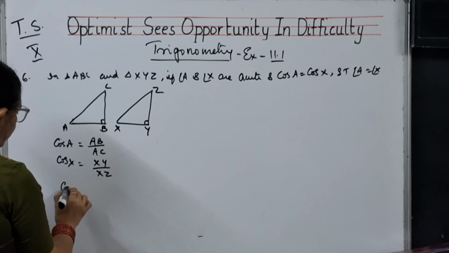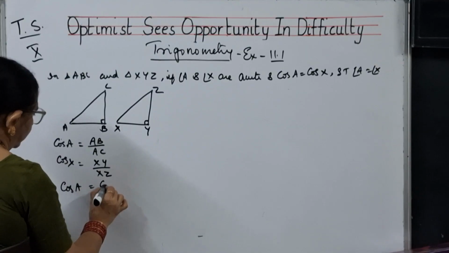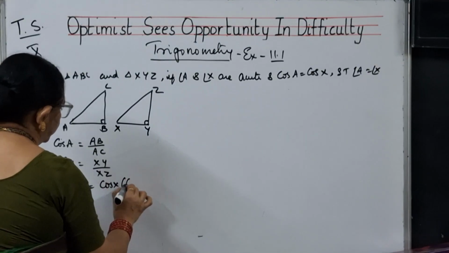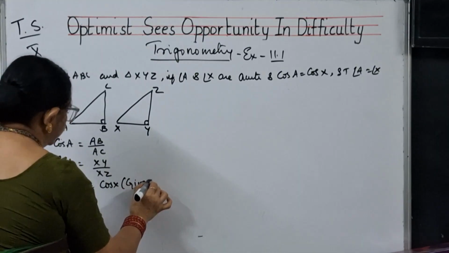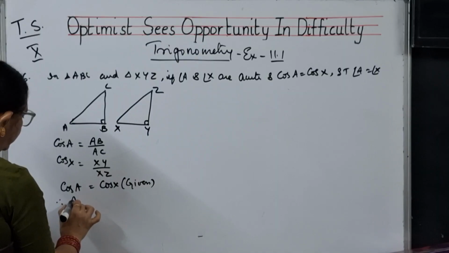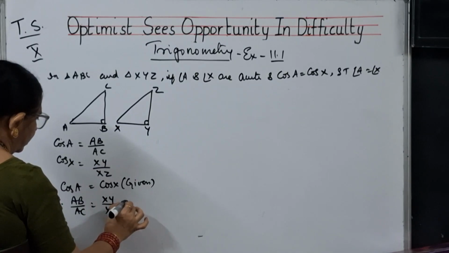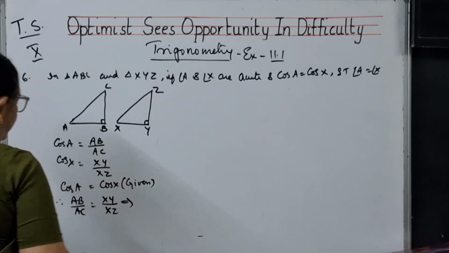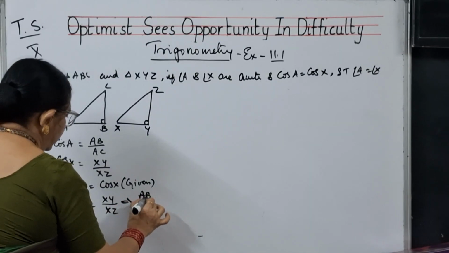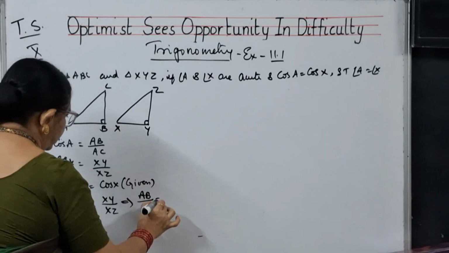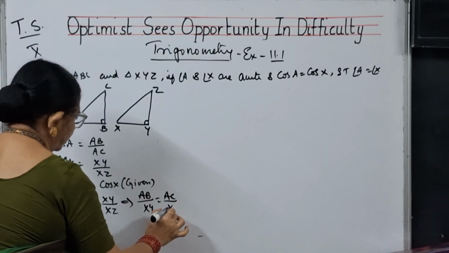They have given that cos A is equal to cos X. This is given. Therefore, what will you be saying? AB by AC is equal to XY by XZ. This can also be written as AB by XY is equal to AC by XZ.